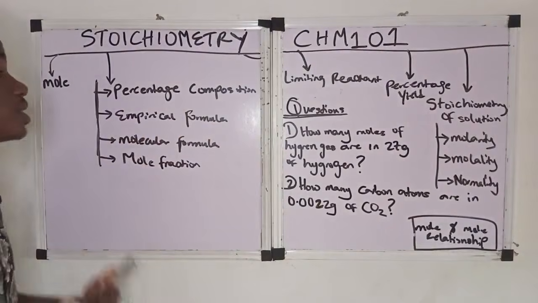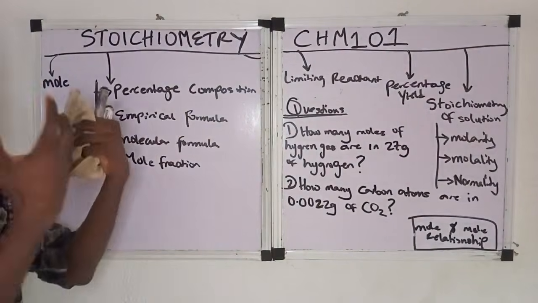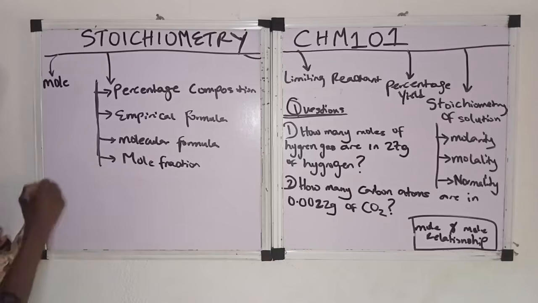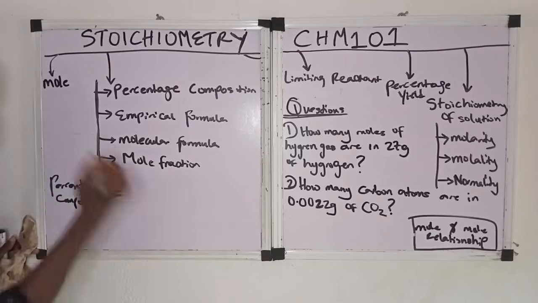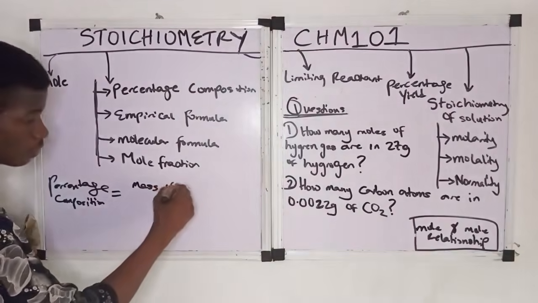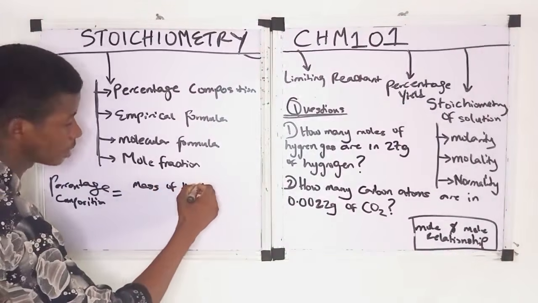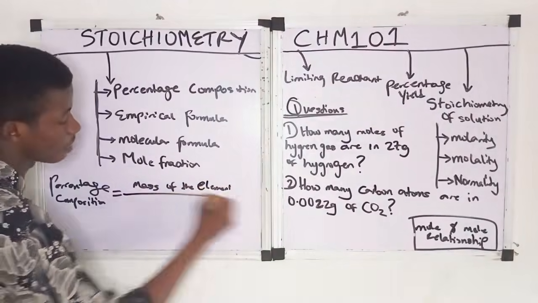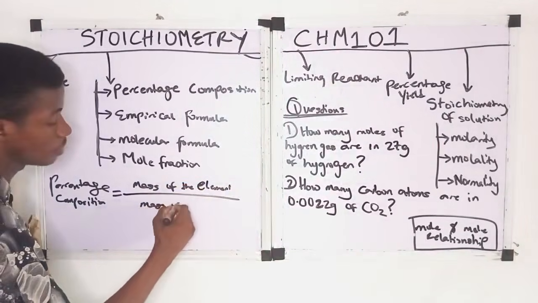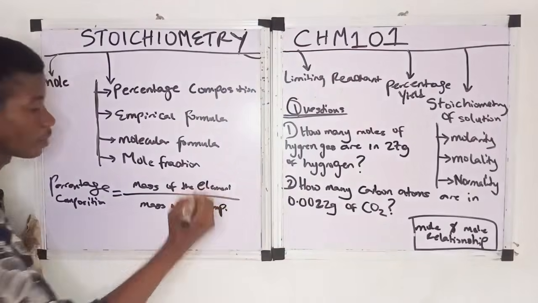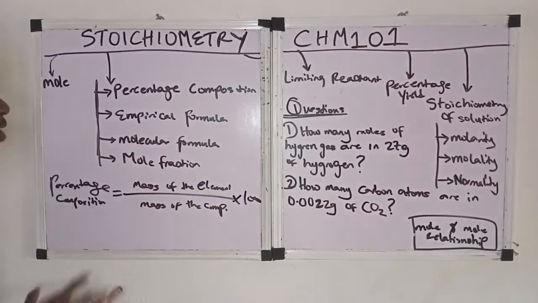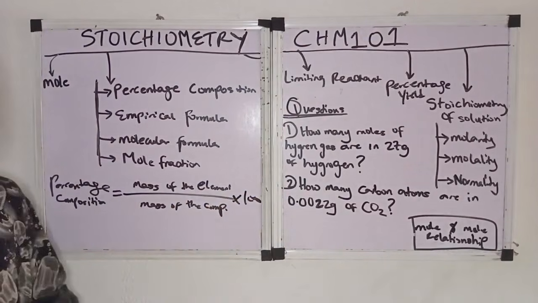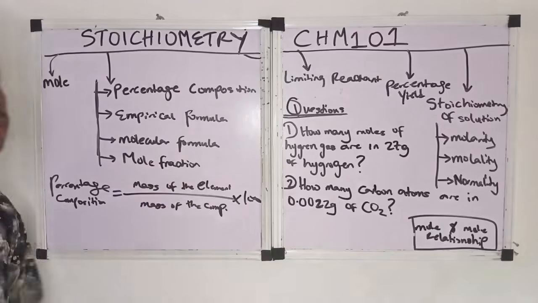The formula for percentage composition of a particular element is usually equal to the mass of the element divided by the mass of the compound times 100. So this is the formula you can use to calculate for the percentage composition of a particular element in a compound.